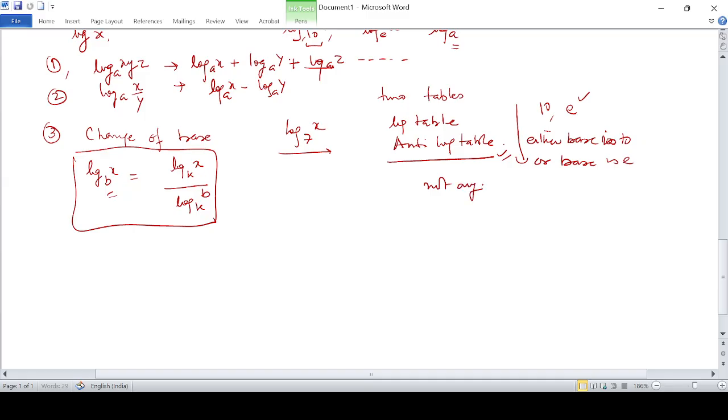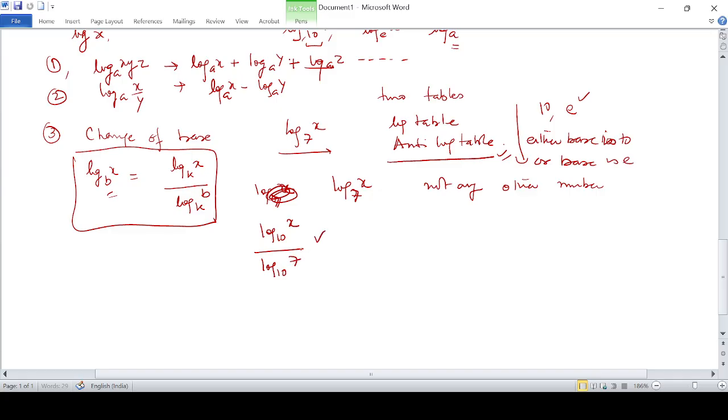So, suppose somebody gives you a question like log_7 x. Now, you have to change this 7. So, let me write it again, log_7 x. What will we do? We will make it log_10 x upon log_10 7.